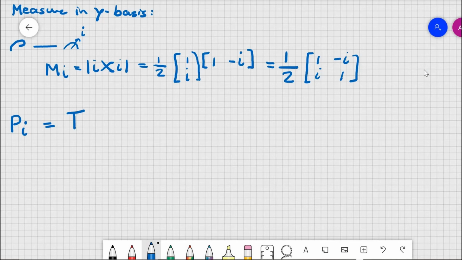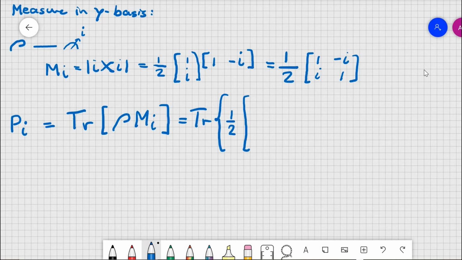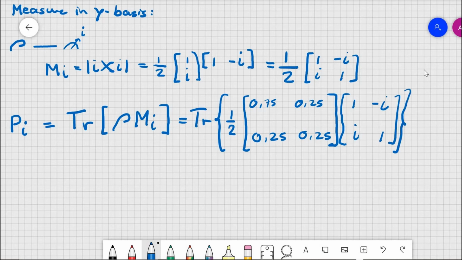To get the probability p_i, we follow the same method of multiplying rho with the measurement operator M_i. Now we can fill in these matrices. 0.75, 0.25, 0.25, 0.25 times 1, minus i, plus i, 1.